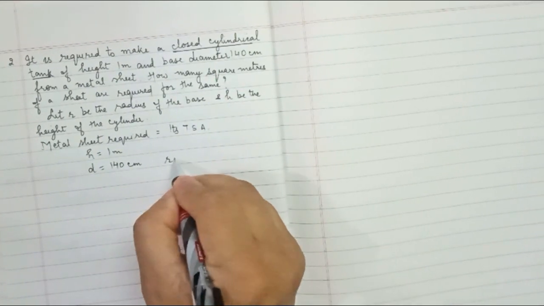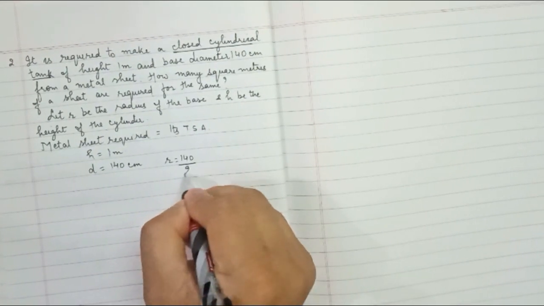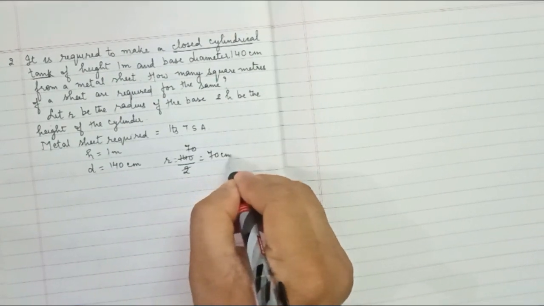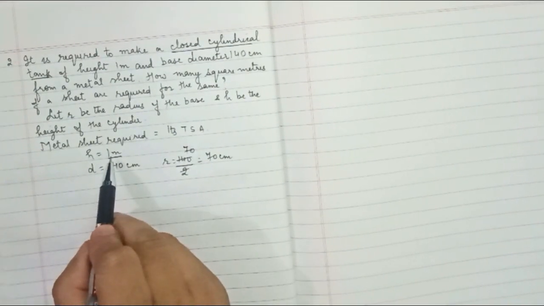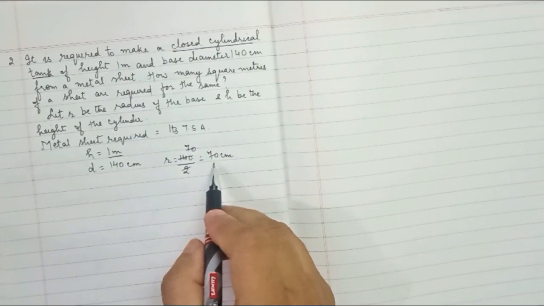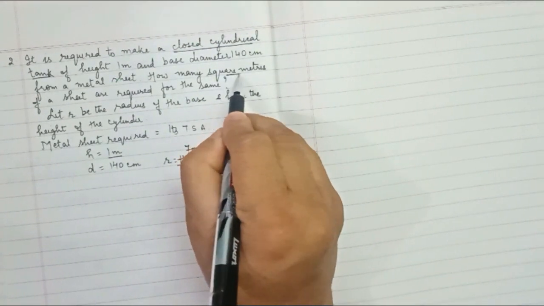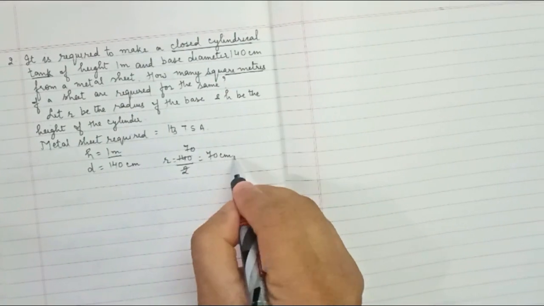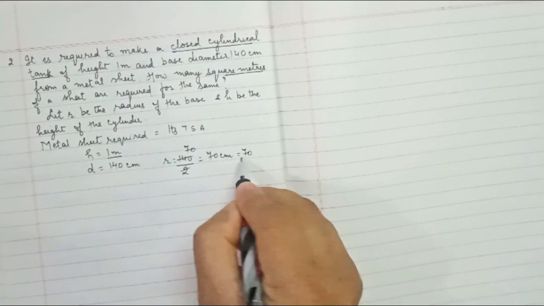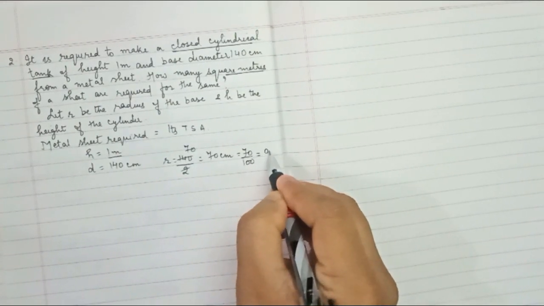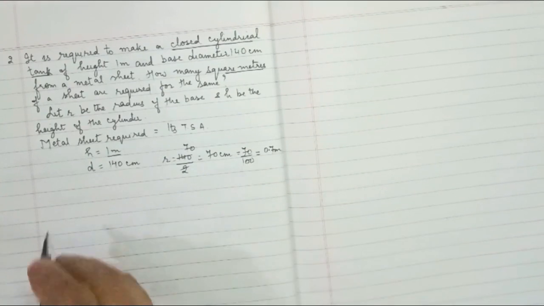So R will be equal to 140 upon 2, which is equal to 70 centimeter, but height is given in meters. Either you convert it into meters or you convert it into centimeters. But as in the question it is asked how many square meters, so we will convert centimeters into meters, that is 70 divided by 100, which is equal to 0.7 meter.